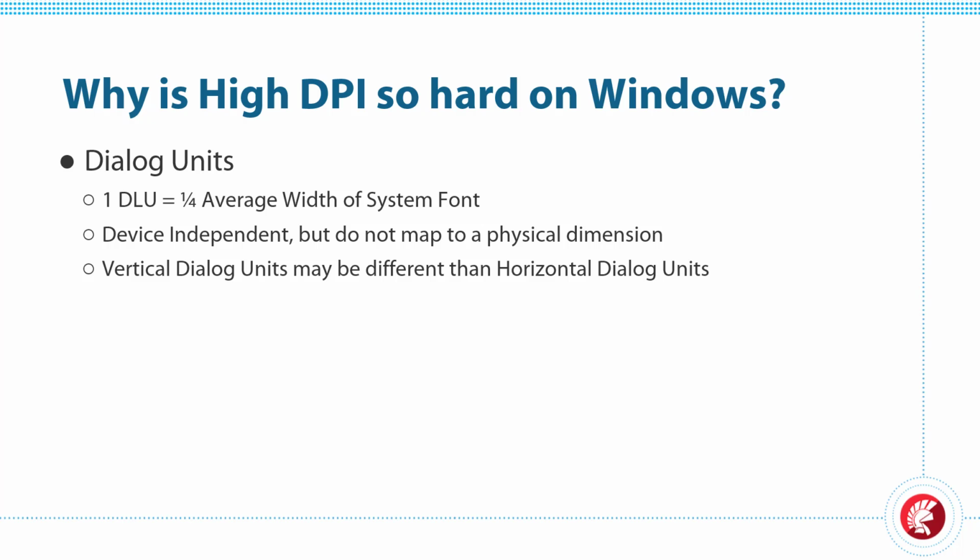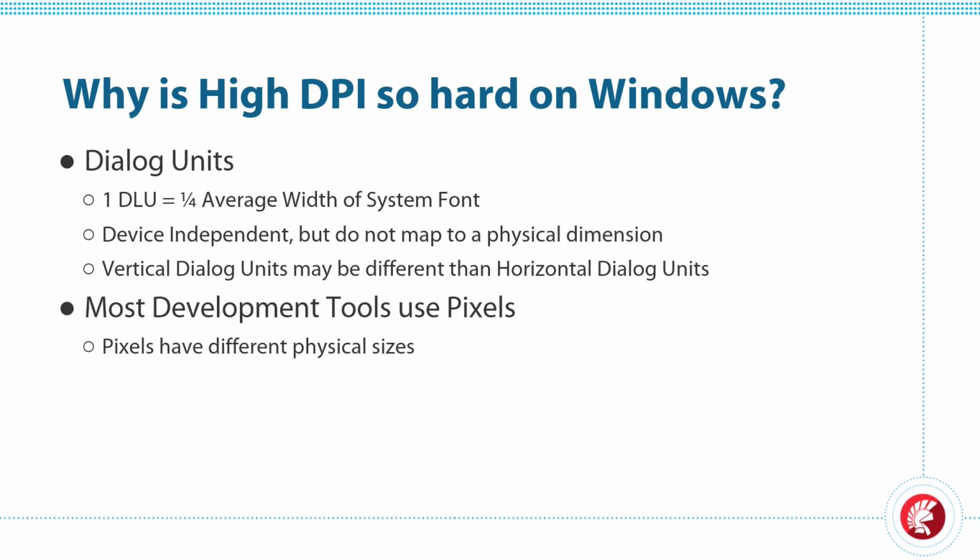Now, that's great if you're familiar with dialogue units, but the problem is no one uses them anymore. Even .NET and WinForms and XAML, and obviously VCL, is all pixel based. Microsoft itself has decided to go with pixels as defining the different aspects and dimensionality of our user interfaces.